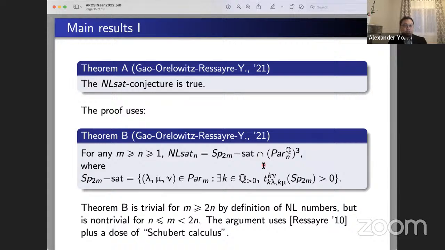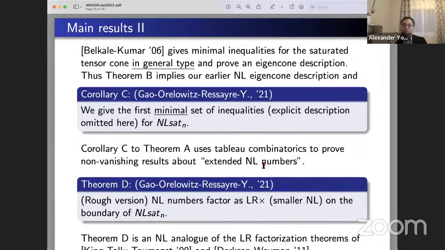So once you prove that, you can turn the question of NL sat into questions about the saturated semigroup, which Belkale and Kumar already studied. Belkale and Kumar, in an even more general context, studied this saturated semigroup, and they gave the minimal inequalities for this saturated tensor cone. And so therefore, our Theorem B, together with the eigencone description, would imply the first minimal set of inequalities for NL sat.